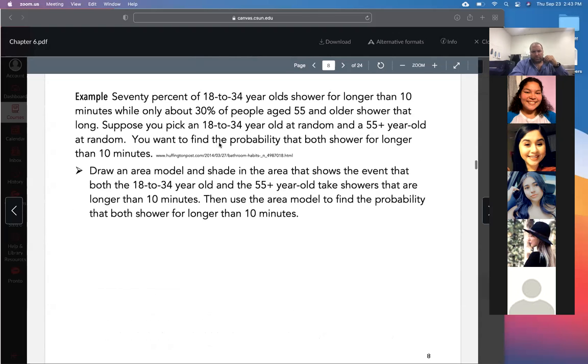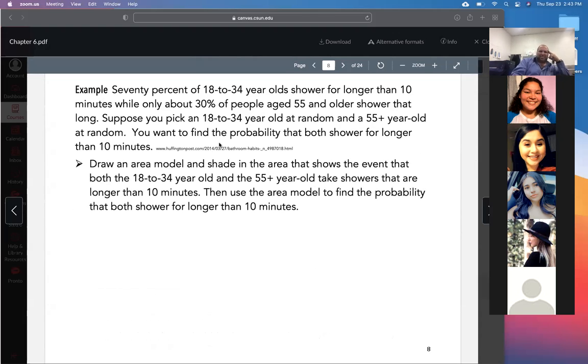Okay, so here's another one. It says 70% of 18 to 34-year-olds shower for longer than 10 minutes, while only about 30% of people aged 55 and older shower for that long. Suppose you pick an 18 to 34-year-old at random and a 55-plus-year-old at random, and we want to find the probability that both shower for longer than 10 minutes.